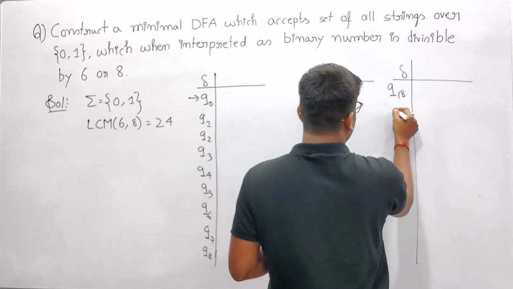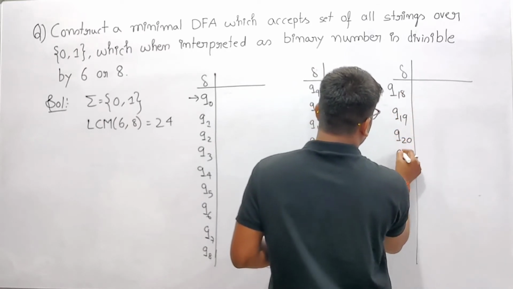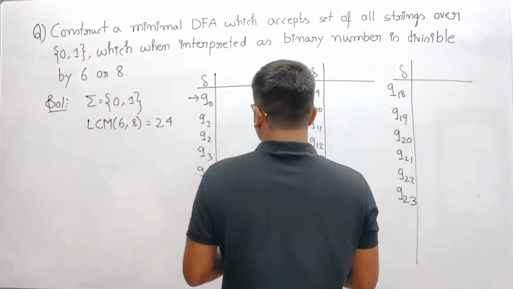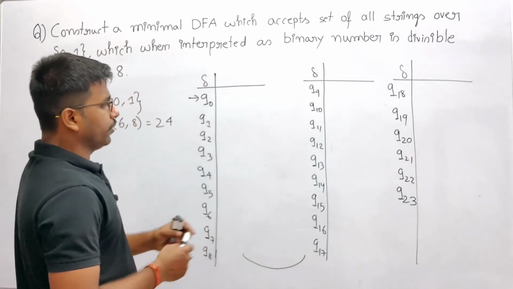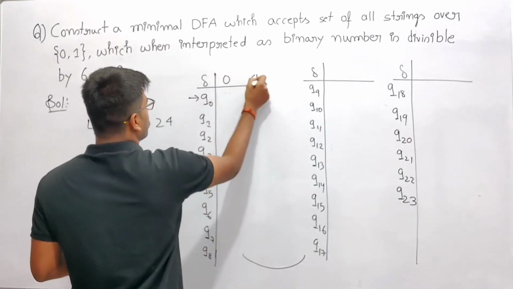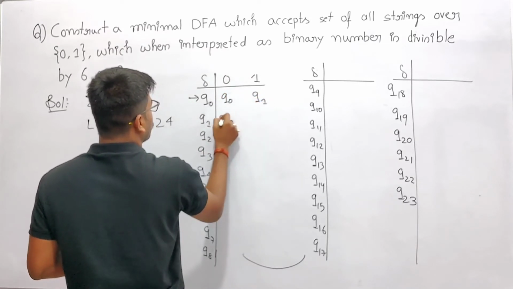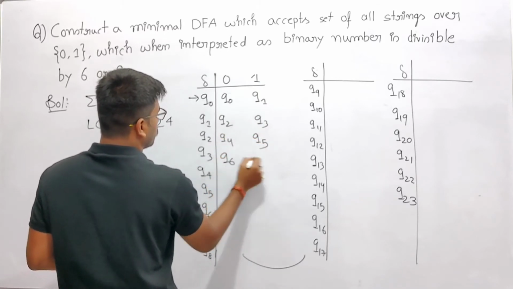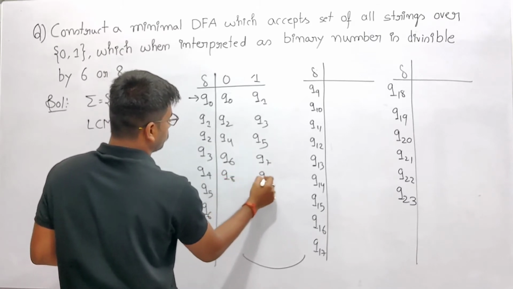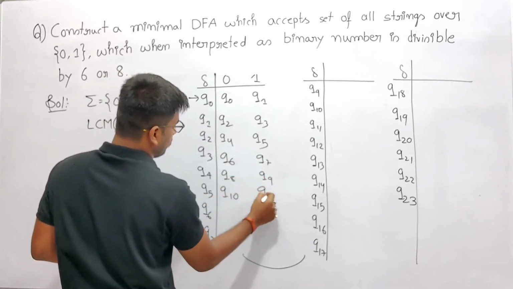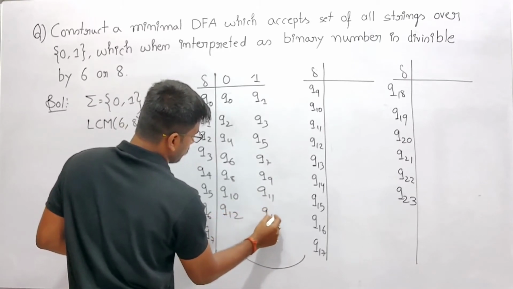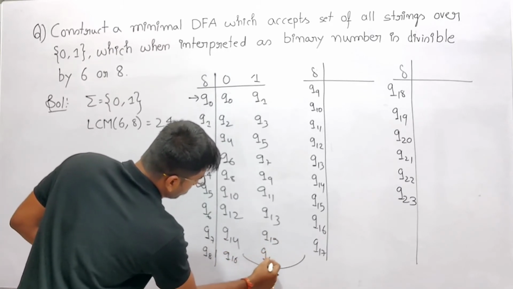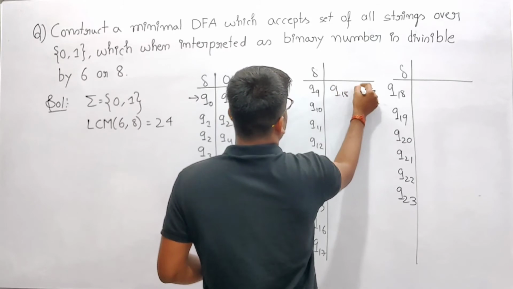Then q18, q19, q20, q21, q22, q23. So you require 24 states, 0 to 23. Sigma is 0, 1.